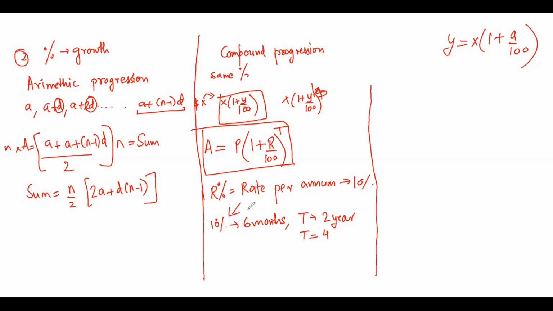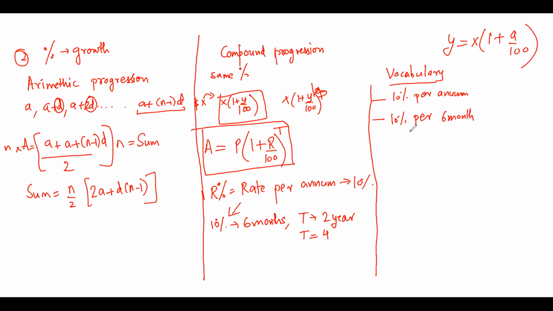So there is a certain vocabulary in the way I give you my rate. If I say my money changes 10% per annum, that means your rate is 10% every year. If I say 10% per 6 months, that means your money increases by 10% every 6 months.